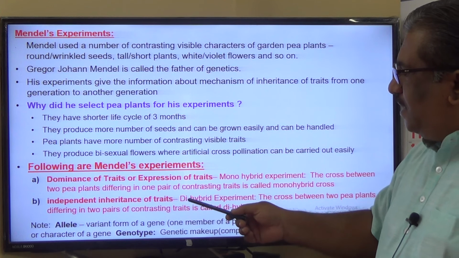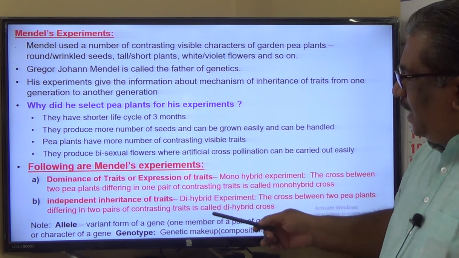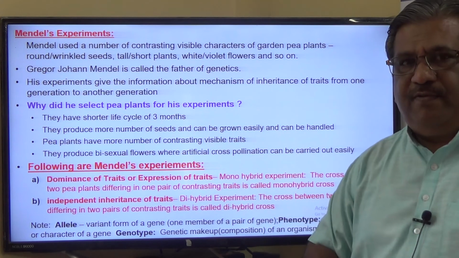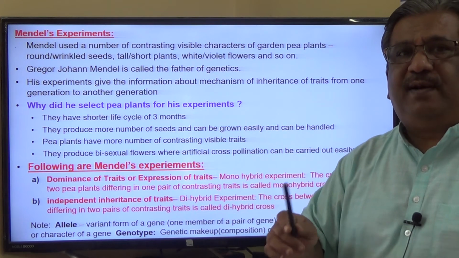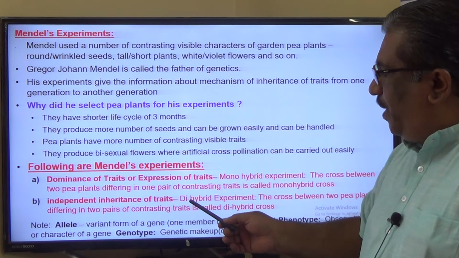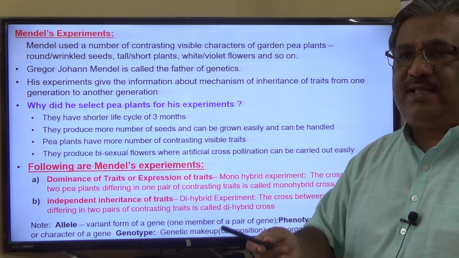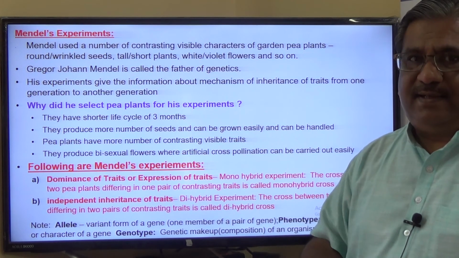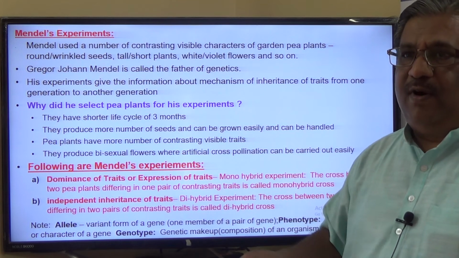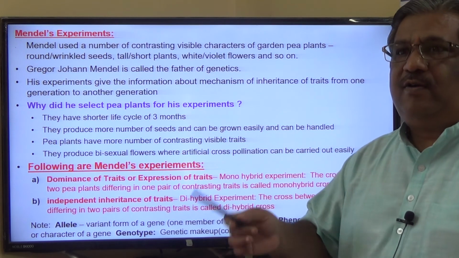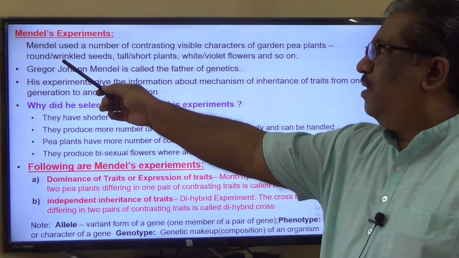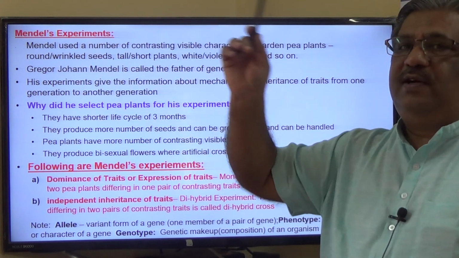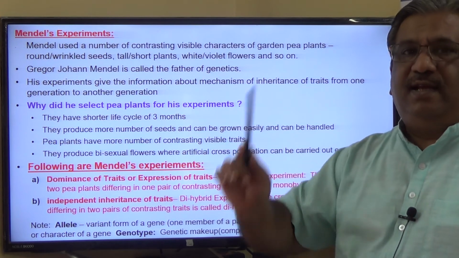As the name suggests, dihybrid means this experiment is crossing of two visible contrasting pairs of characters. Two pairs of contrasting visible characters. For example, I can club round wrinkled with color, that is green yellow.